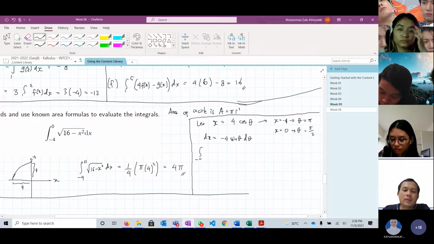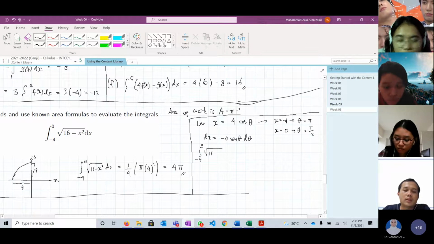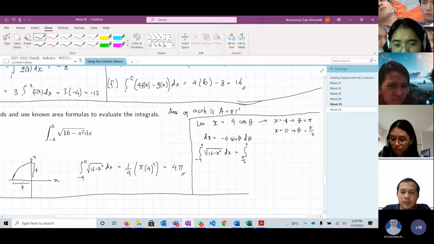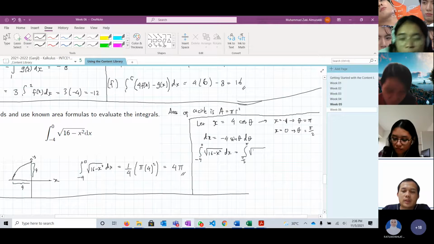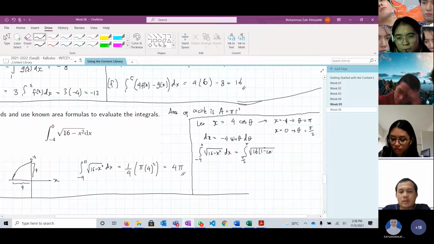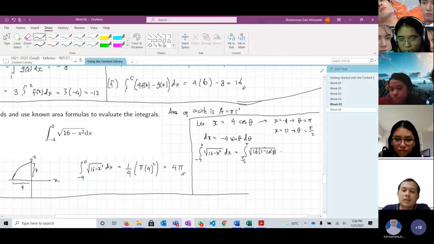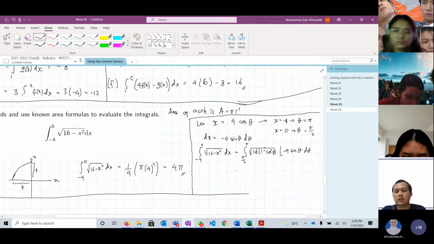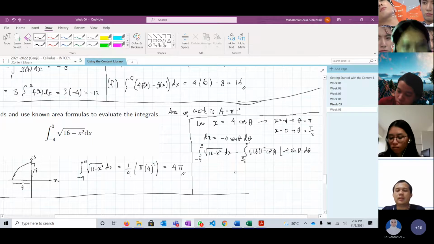So here the integral from minus 4 to 0 of square root of 16 minus x squared dx is basically the integral from pi over 2 to pi of square root of 16 times 1 minus cosine squared theta, times minus 4 sine theta d theta.